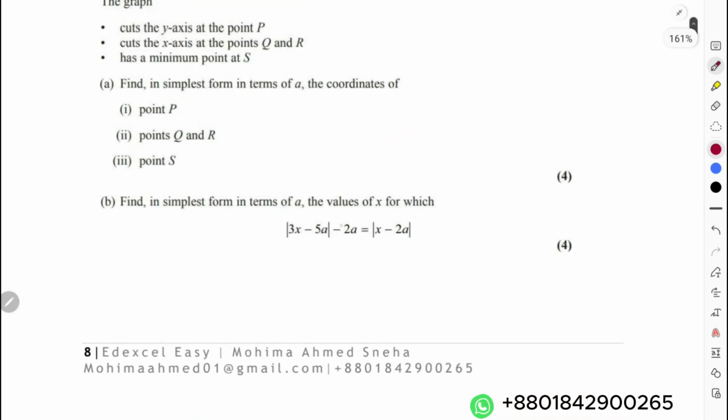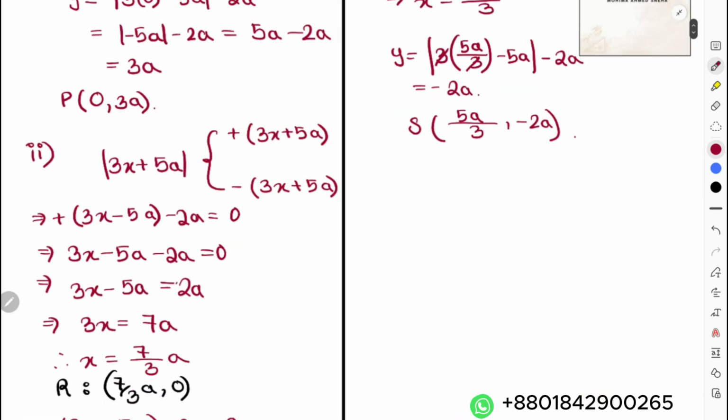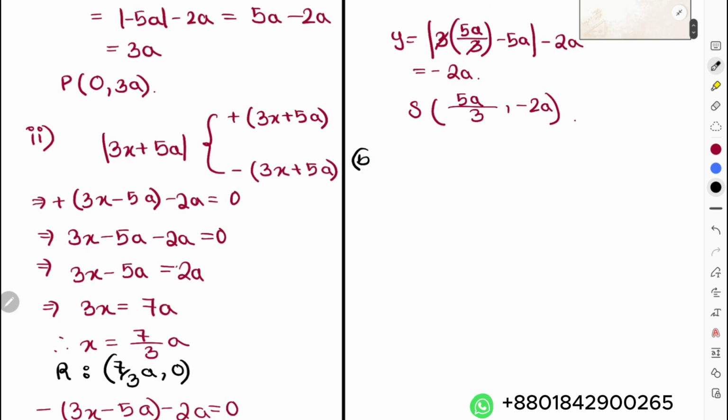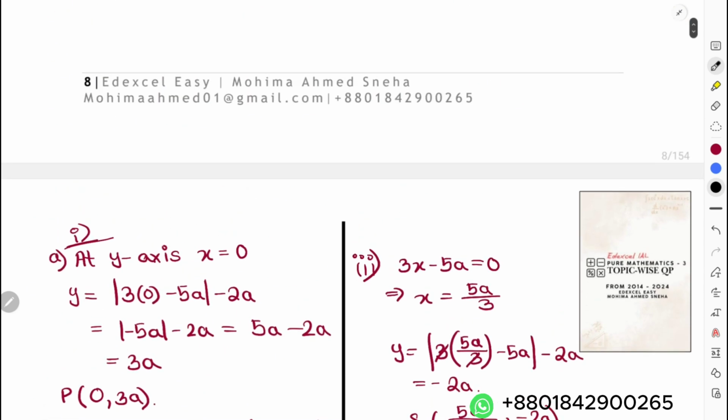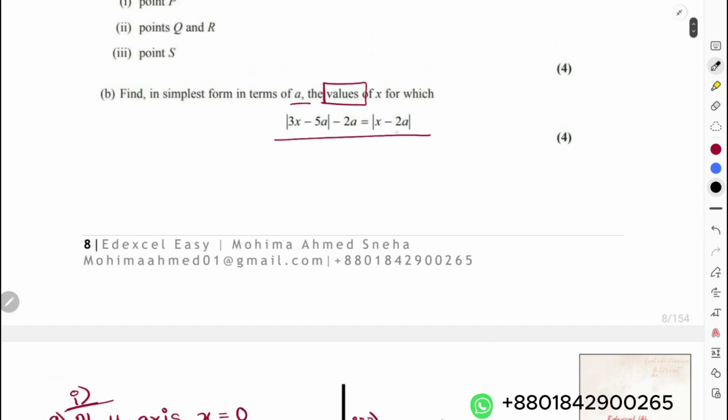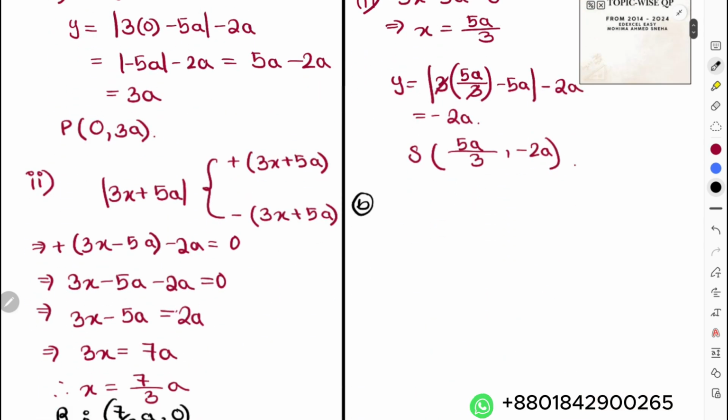For part B, I just have to solve this equation to find out the values of A, right? So then again, I have to work it as a piecewise function, because then again they are saying values of A. We are going to get multiple values of A. So we are going to start with what is given, x minus 2a, right? So x minus 2a is also a piecewise function now.